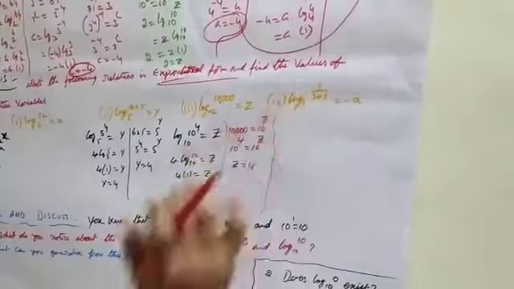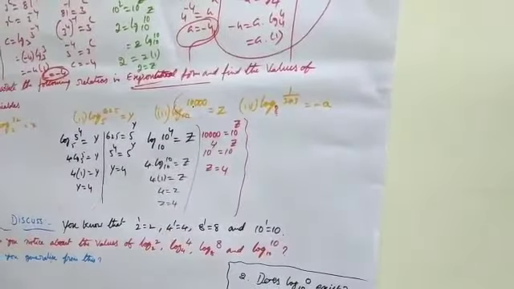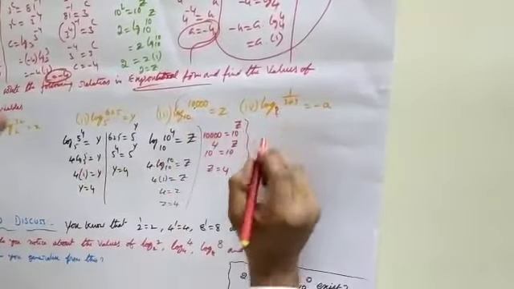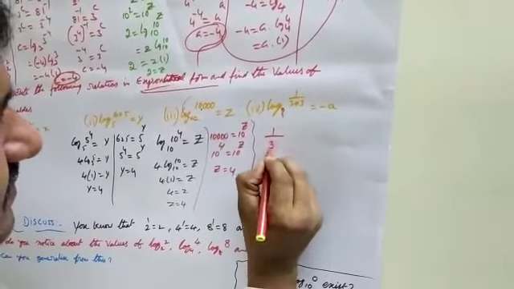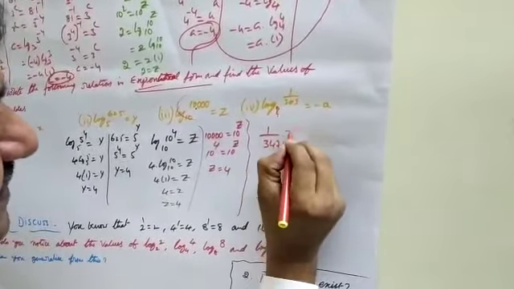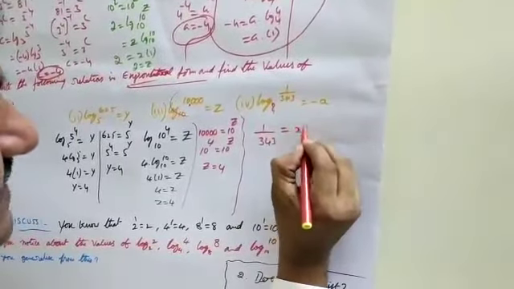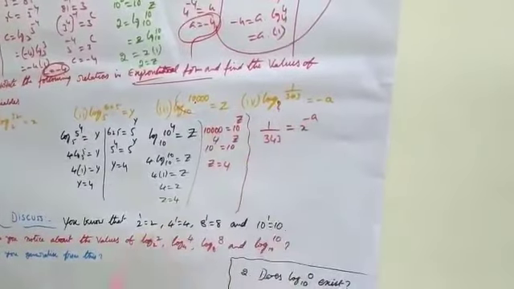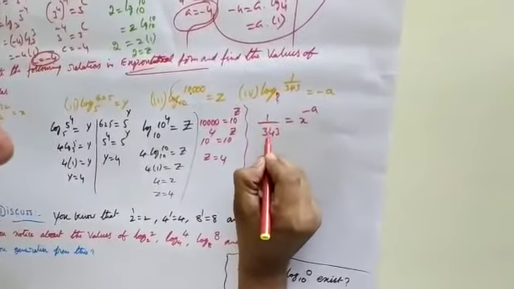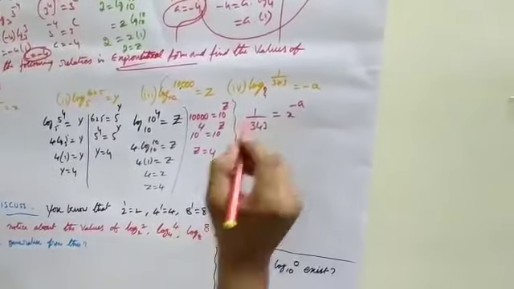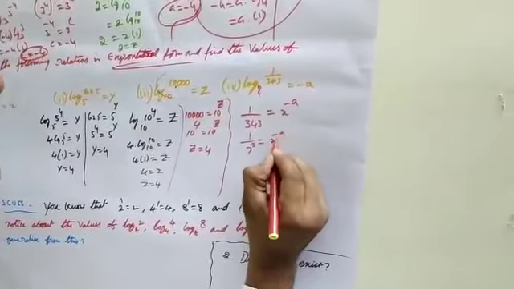At the same time, see, what is this? Here is the question mark. Compared to this, here is the question mark. Therefore 1 divided by 343 is equal to x power minus a. You find the value. What is 1 by 343? 343 means 7 cubed. 1 by 7 cubed is equal to x power minus a.